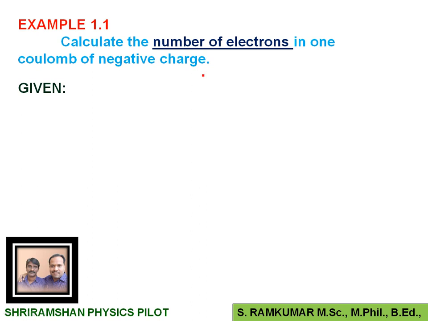So here the negative charge, that is Q, is 1 coulomb. That is given. The value, that is Q, will be equal to 1 coulomb, and you are expected to find the value for the number of electrons, that is N.